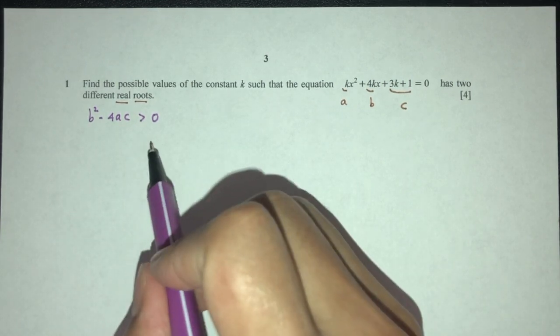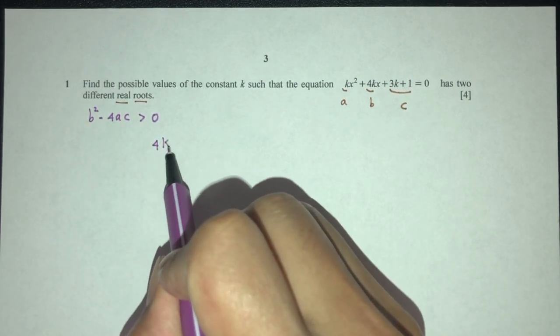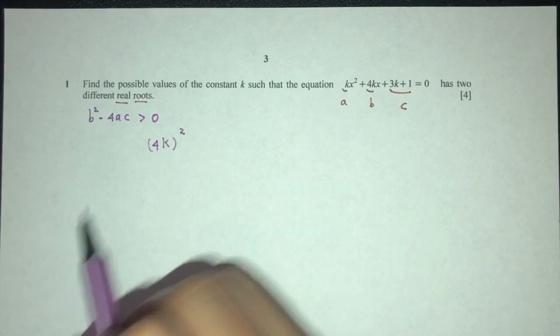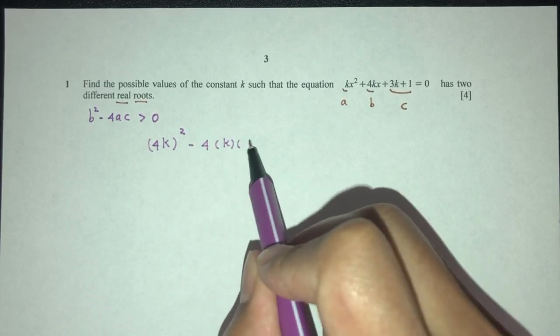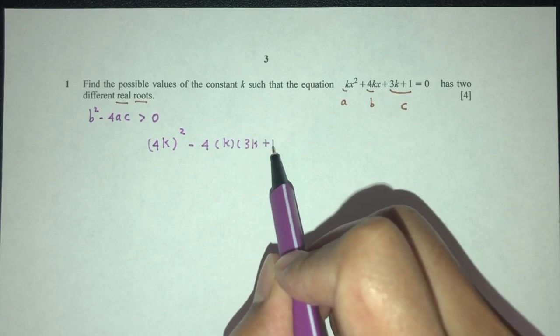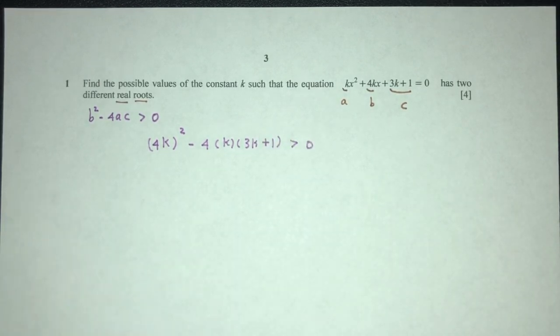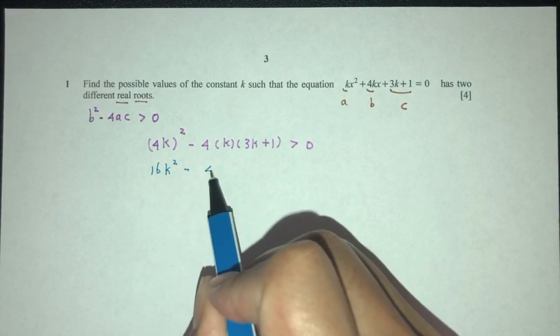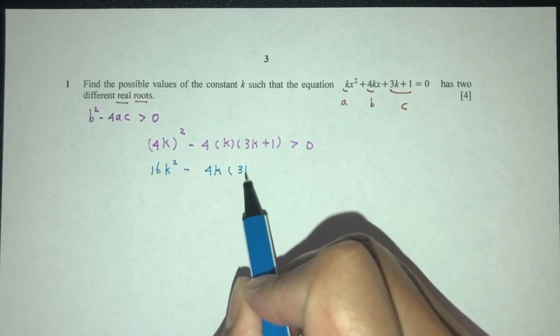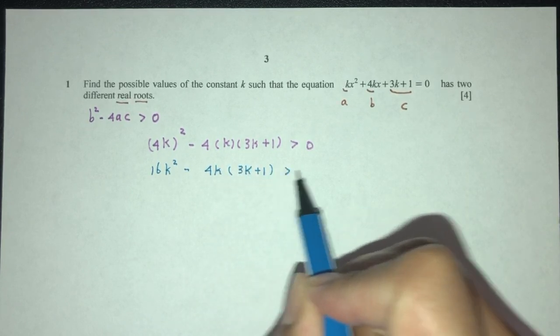So b squared will be 4k squared minus 4 times a, which is k, times c, which is 3k plus 1, more than 0. Next step, we have to simplify that equation. That will be 16k squared minus 4k times 3k plus 1 more than 0.